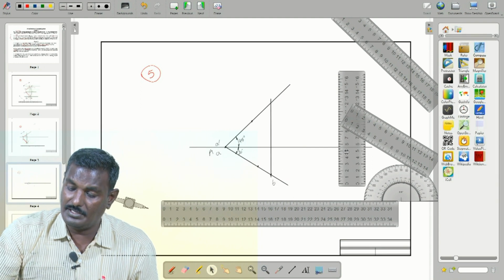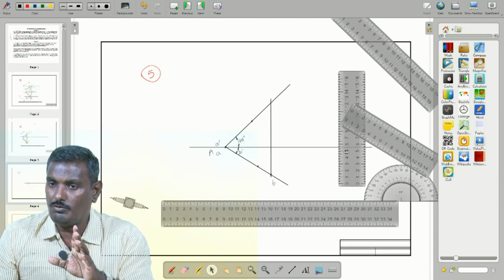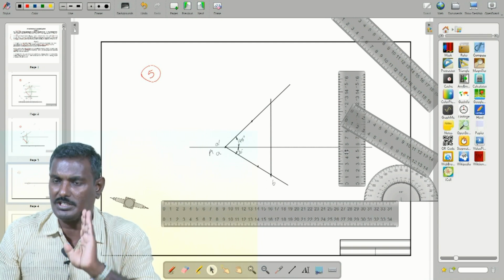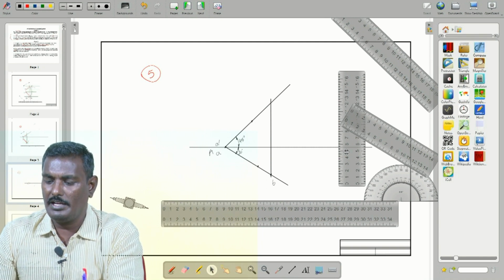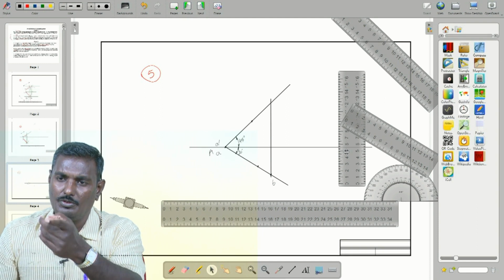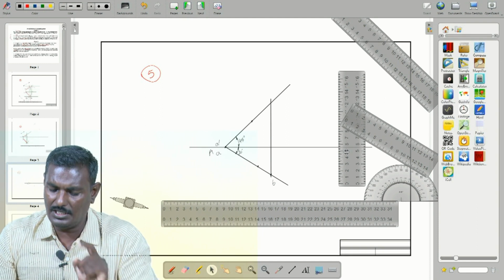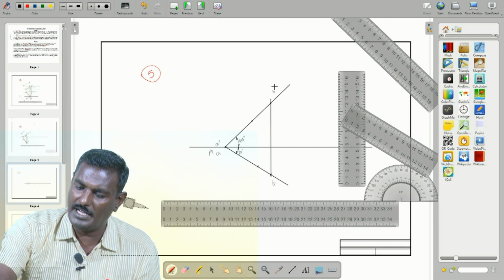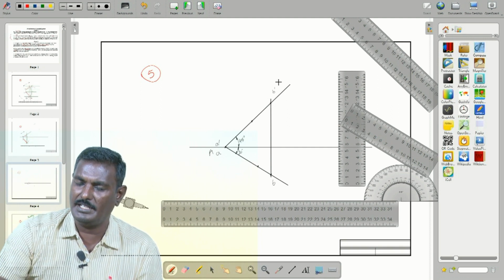As I already said, if you find one view, the other views lie in the same projector. Therefore, we have already found b, so the other view b dash lies here. So we represent this point as b dash.